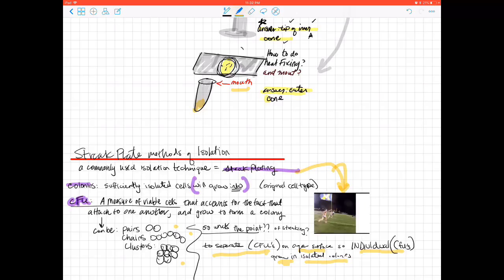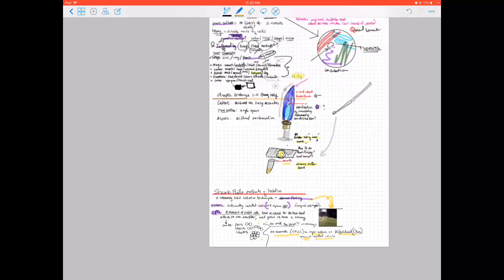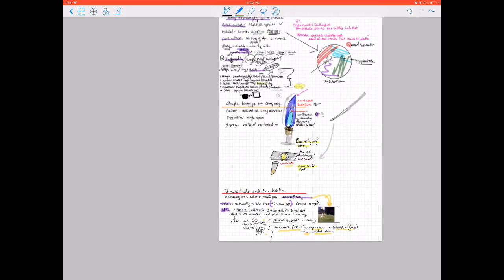Because once you isolate, you can ensure that you just have one species. That's the whole point. So yeah, it's just a unit of measurement.